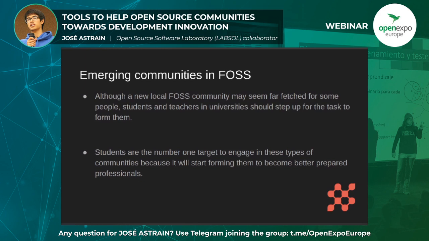need to be the emerging ones, the ones that make the first step towards making a community and making that community a little bit bigger and engage young people or other students.